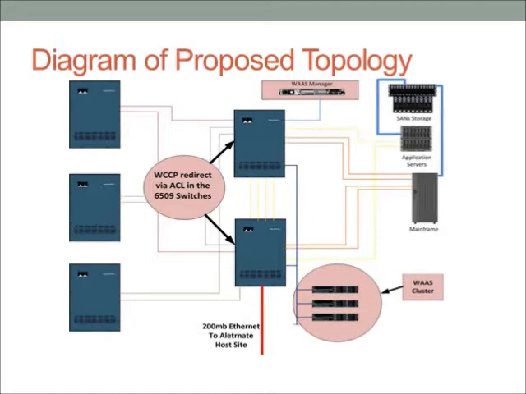And then the WAS manager deploys to all the WAS appliances at the same time so that we can ensure that our configurations are exact and are the same, because the WAS manager deploys to all the boxes simultaneously.